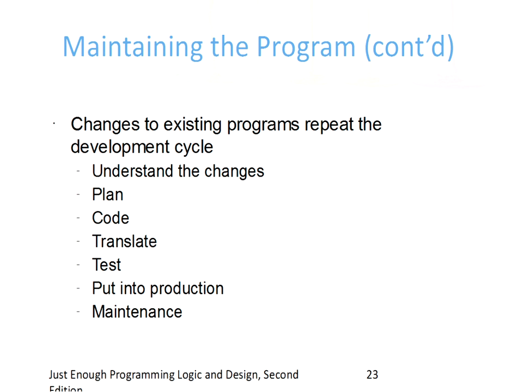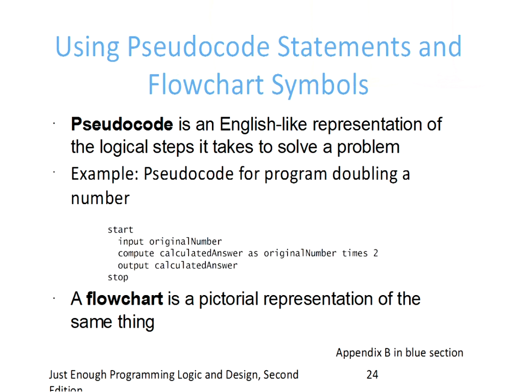And you need to understand the changes. Sometimes you have to get the approval for the changes, because you might say this is going to work and it doesn't really work, and somebody with a different background can see it better. So then you plan the changes, you actually put in the code, then you translate it, then you test it again, and if the test works out just fine, then you put it into production, and then you go back into maintaining that new code.